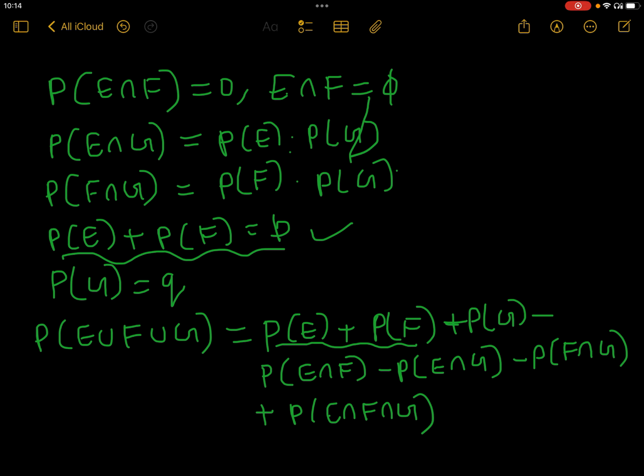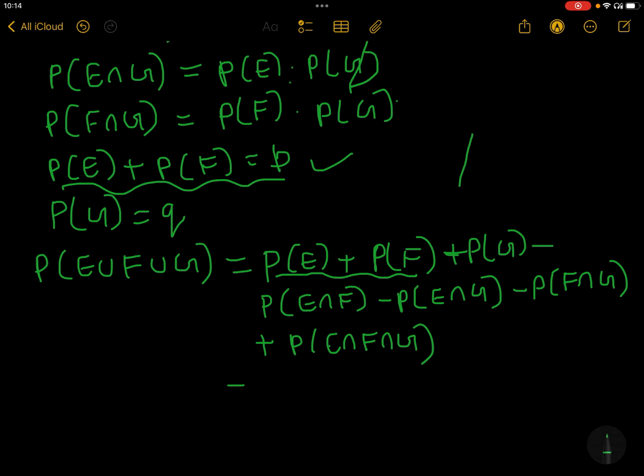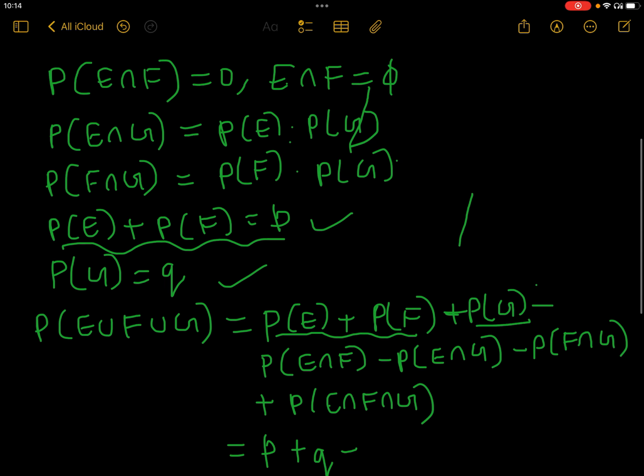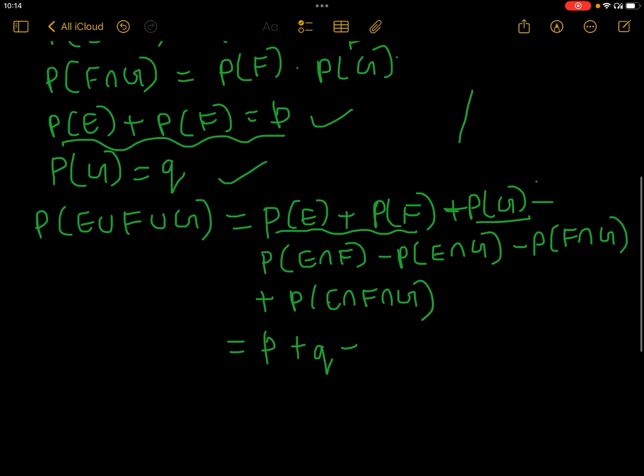Now we substitute P of E plus P of F is P. So it is equal to P plus P of G, and P of G is Q, minus P of E intersection F. We know that E and F are mutually exclusive events, so P of E intersection F is equal to 0.